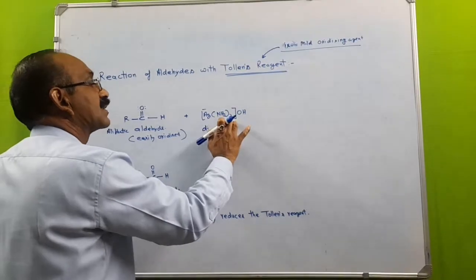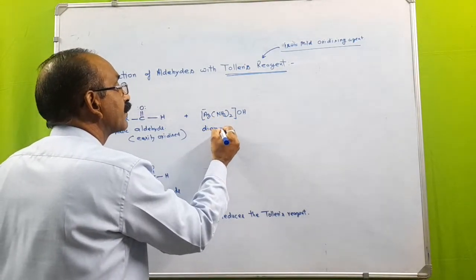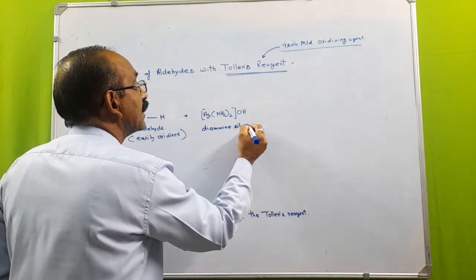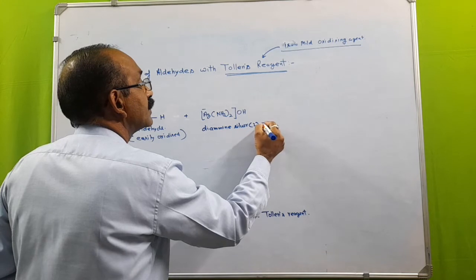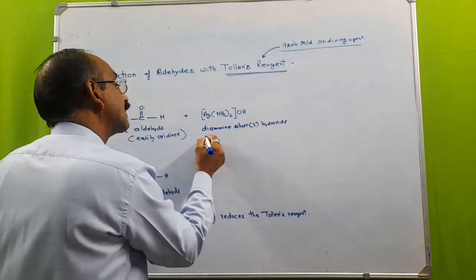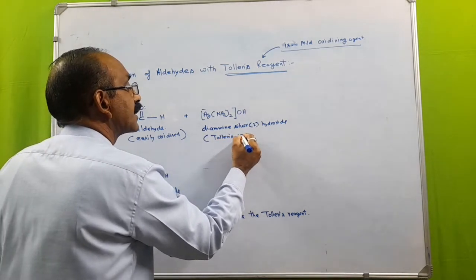So this complex is formed and the name of this complex will be diamminesilver(I) hydroxide. This one is the Tollen's reagent.